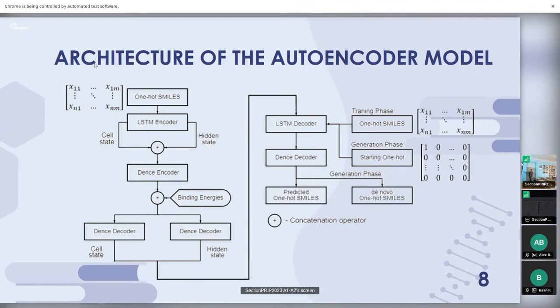In the training phase, we check the quality of our model, but in the generation phase, we give the model only an empty distribution, and after that it can imagine what it thinks about our more effective inhibitor.